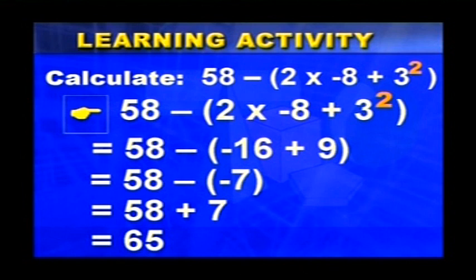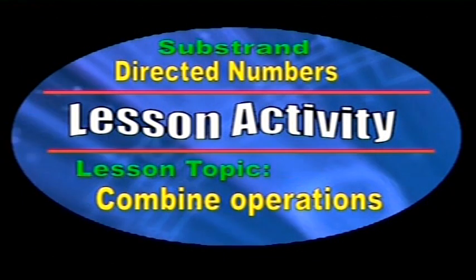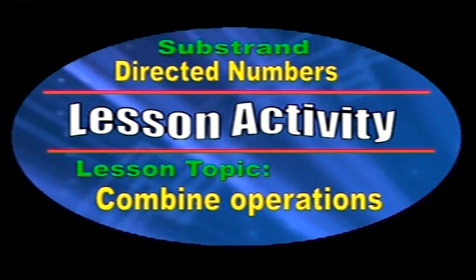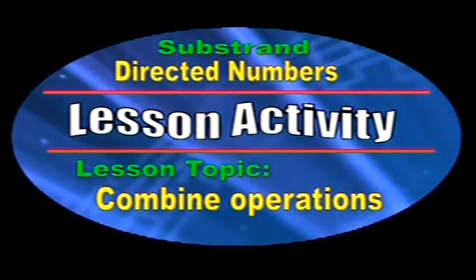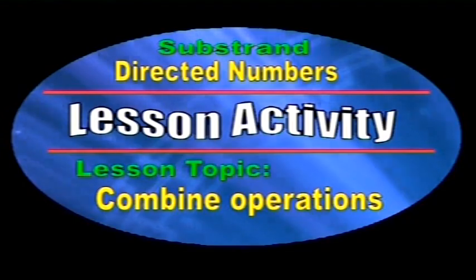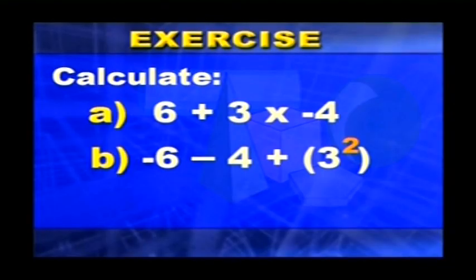That is the steps on how to calculate such a problem. There are some easy ones that you'll be going through today in your lesson. Okay, in your groups, I'd like you to quickly calculate the answers to these two problems.